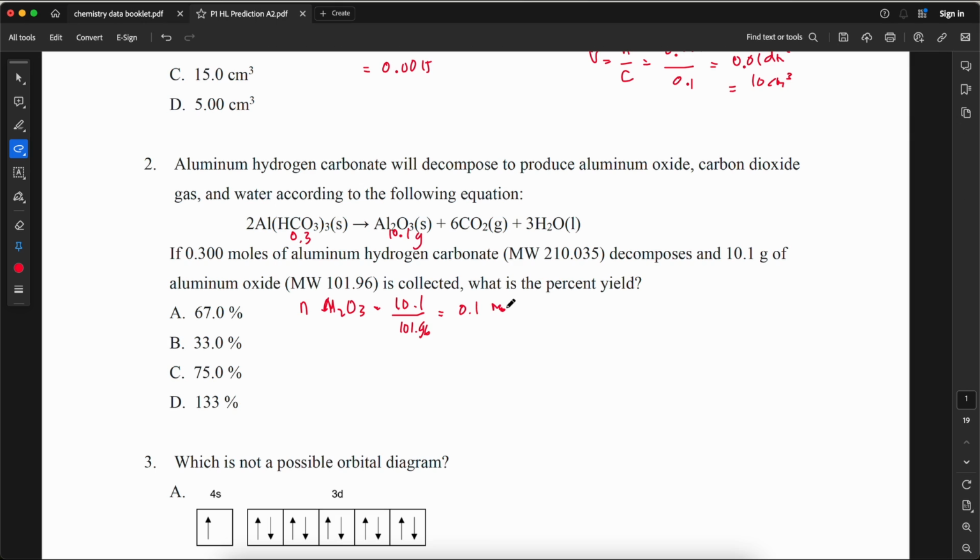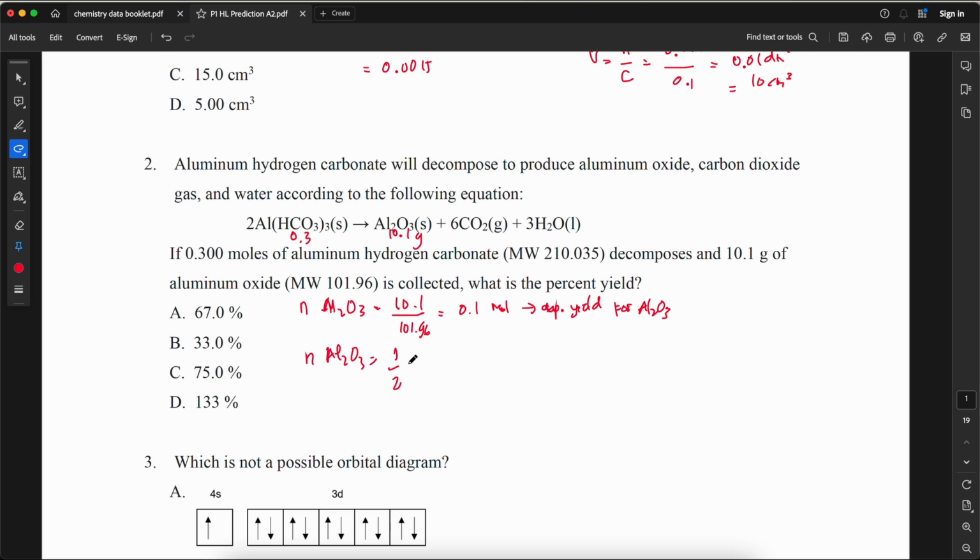So this would be the experimental yield for aluminum oxide. Okay, and for the theoretical yield, because 0.3 moles of aluminum hydrogen carbonate is known, we can find out the theoretical yield for aluminum oxide, which is 1/2, because of the mole ratio, the coefficient here is 1.